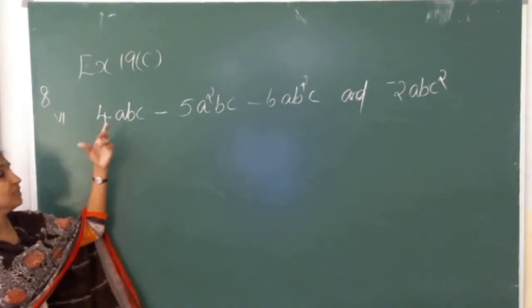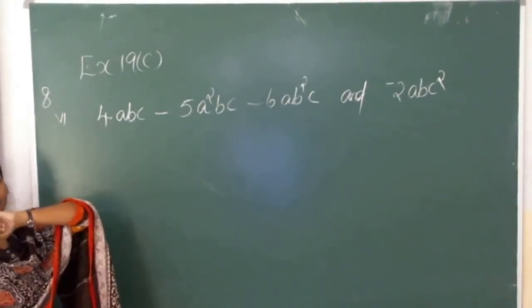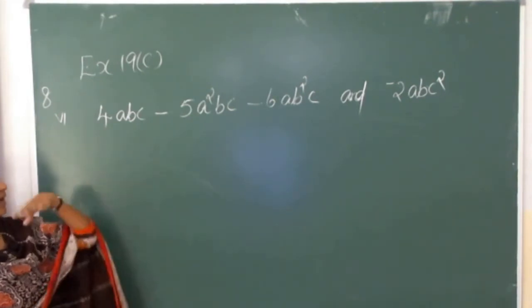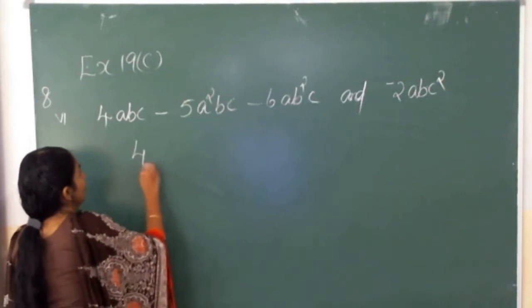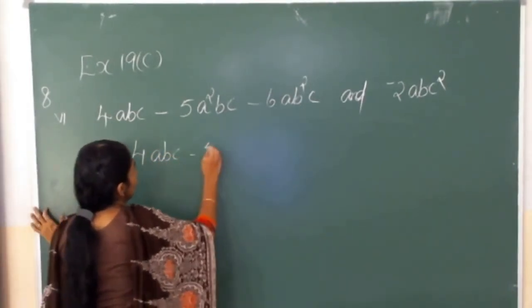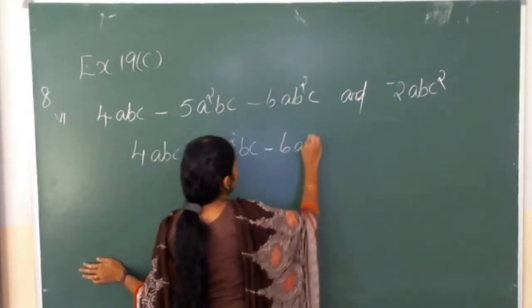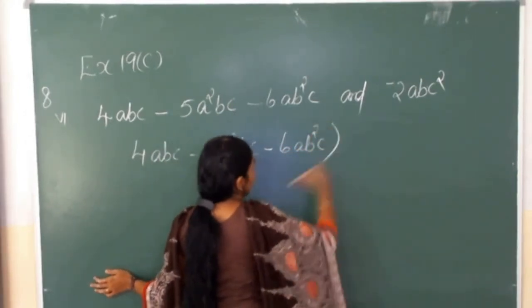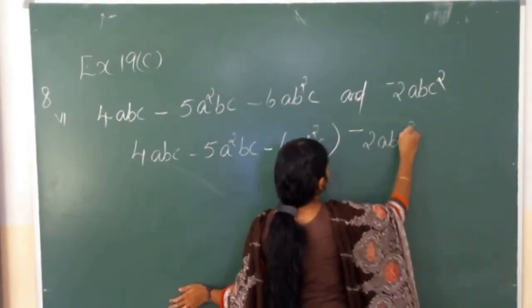So here the question is this one, and in between a multiplication sign is given. First, what we should do is remove that and make this trinomial in the bracket. So 4abc minus 5a square bc minus 6ab square c in the bracket, and outside negative 2abc square.